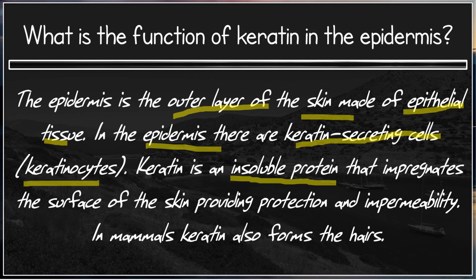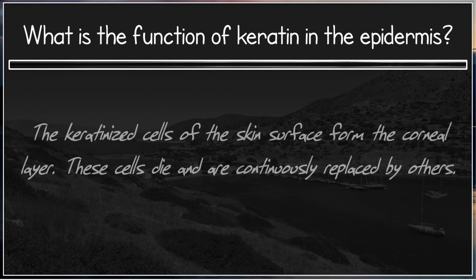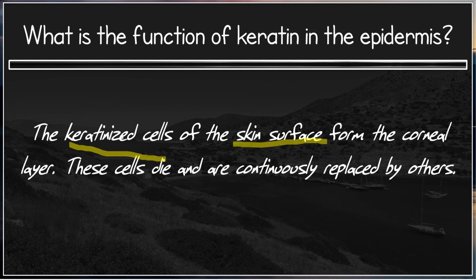Keratin is an insoluble protein that impregnates the surface of the skin, providing protection and impermeability. In mammals, keratin also forms the hairs. Keratinized cells of the skin surface form the cornea layer. These cells die and are continuously replaced by others.